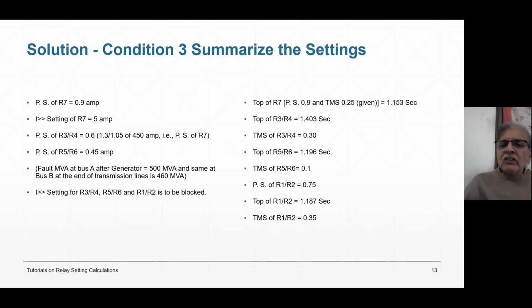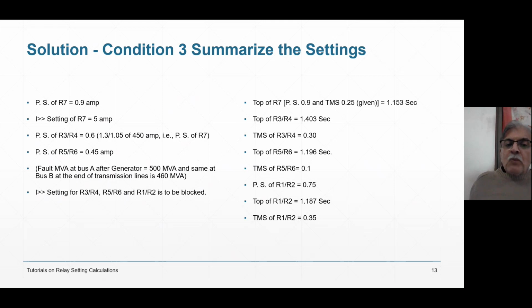But exact values are considered in calculator. The exact values are considered. So it is giving me 1.196. 0.25 if I reduce from 1.4, it is 1.15, but it is giving me time of operation 1.196. TMS of R5, R6 based on that is 0.1.